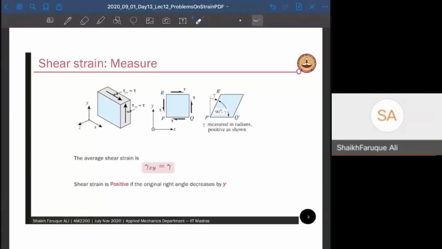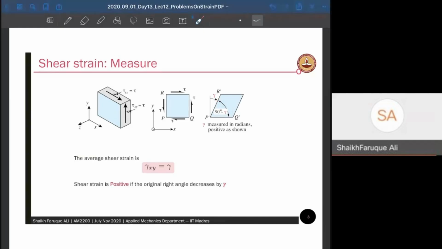And then we talked about shear strain, and we said that shear strain is nothing but the change in angle from its original angle. If you apply a shear load or a moment to this body, it will try to bend in this fashion, as we discussed earlier. Therefore the 90-degree angle between the two faces will not remain 90 degrees after deformation. If the angle changes to a value lesser than 90 degrees, then it's a positive shear strain.